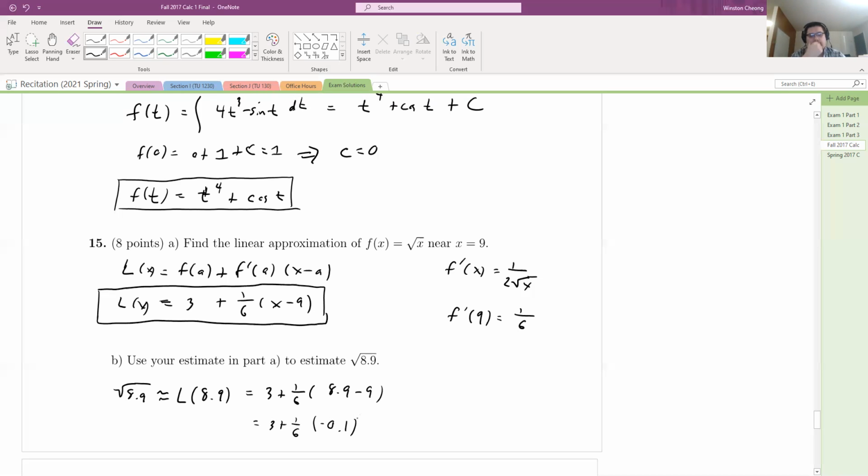I really don't like that. I don't like it because it's not a clean decimal value. But I don't think I made any mistakes here. No, I'm pretty sure I didn't.